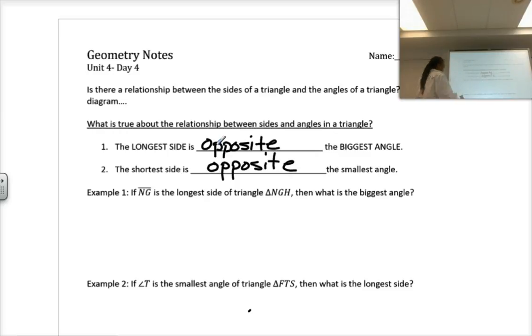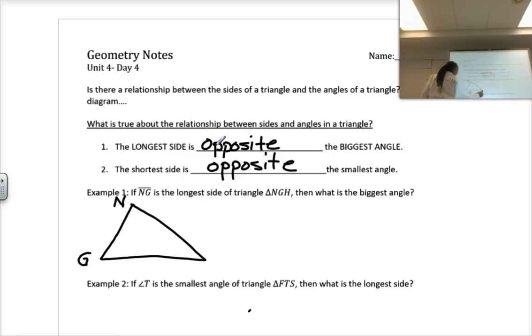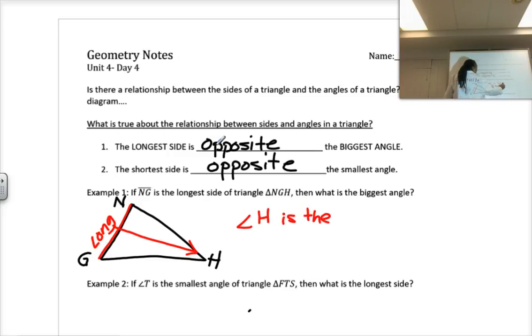So if we have a triangle NGH, and we know that the side NG is the longest side, then we know that its opposite angle, angle H, is going to be the biggest angle.